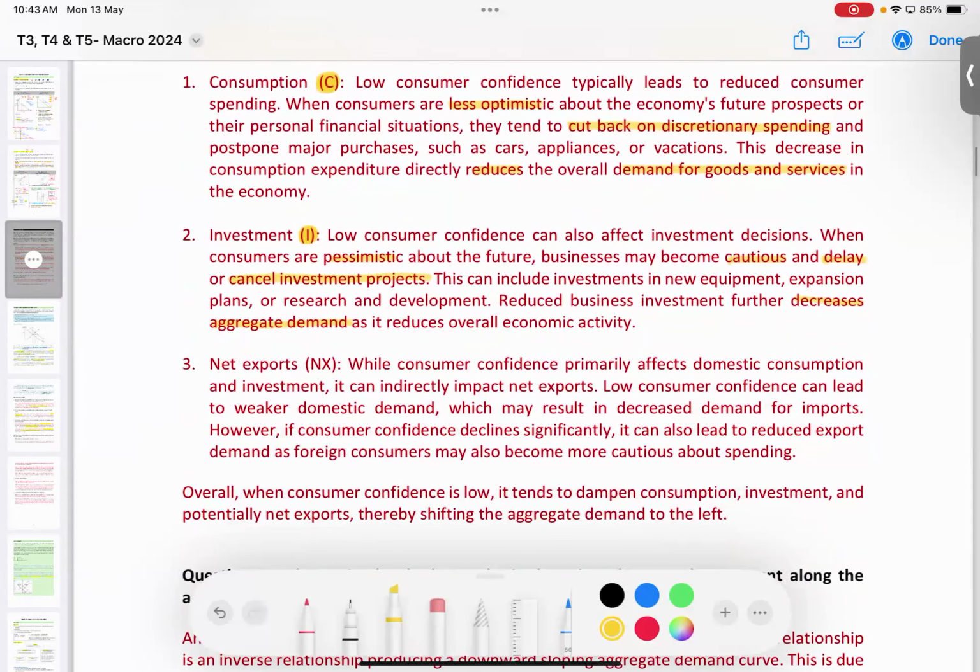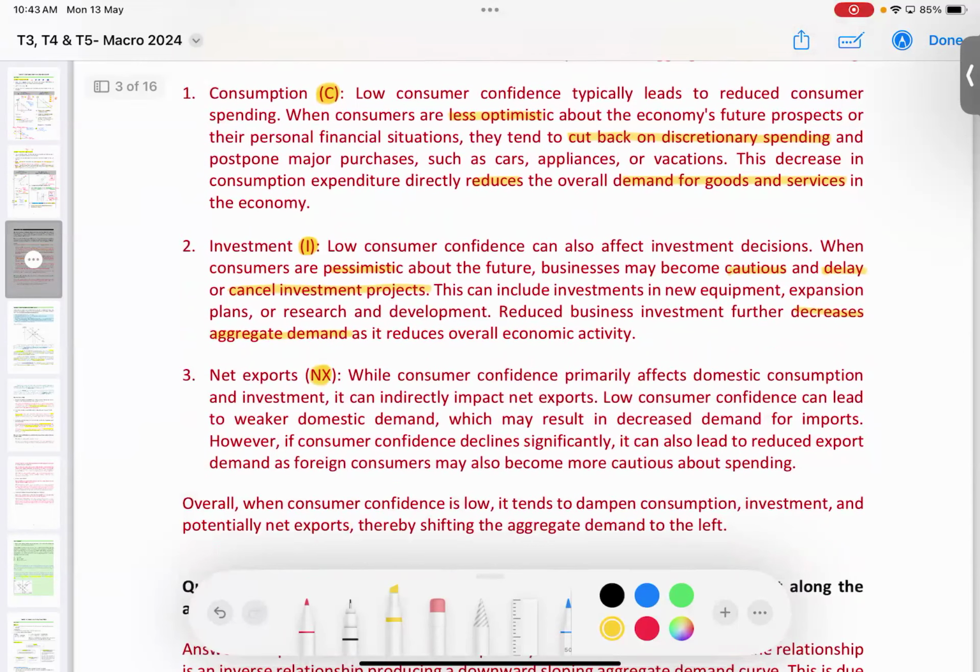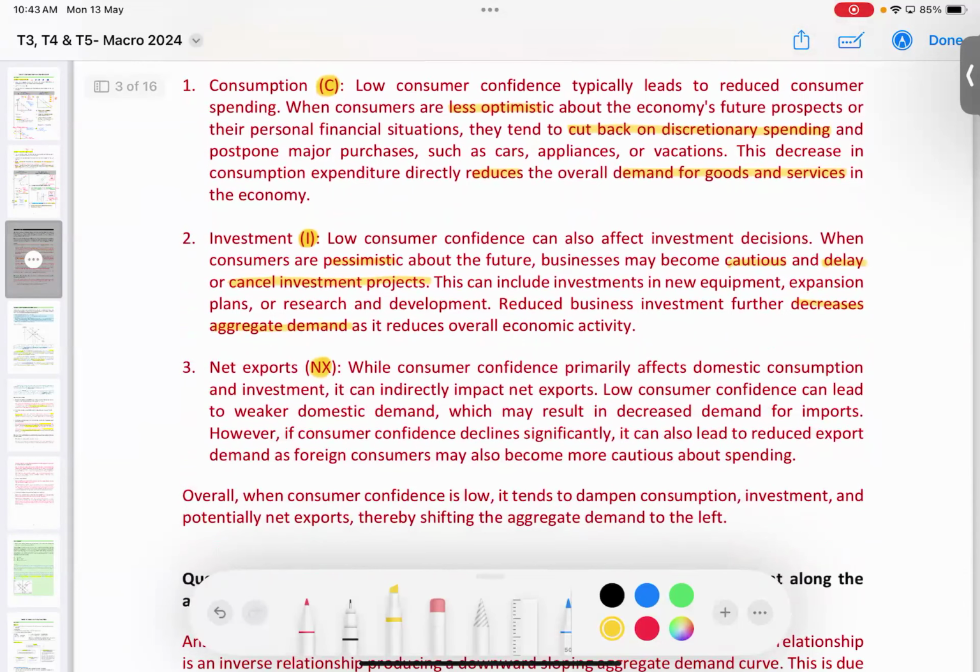And the other one is net exports. While consumer confidence primarily affects domestic consumption and investment, it can indirectly impact net exports as well. Low consumer confidence can lead to weaker domestic demand, which may result in decreased demand for imports. However, if consumer confidence declines significantly, it can also lead to reduced export demand, as foreign consumers may also become more cautious about spending.